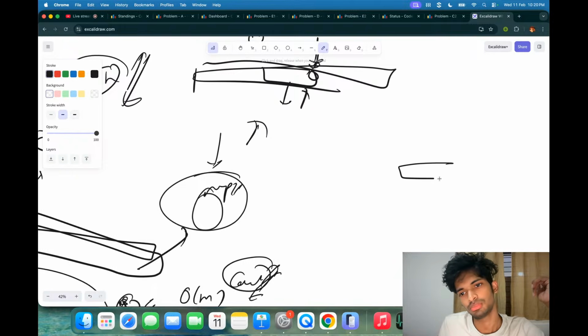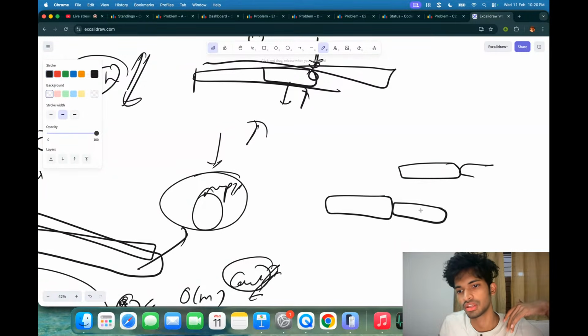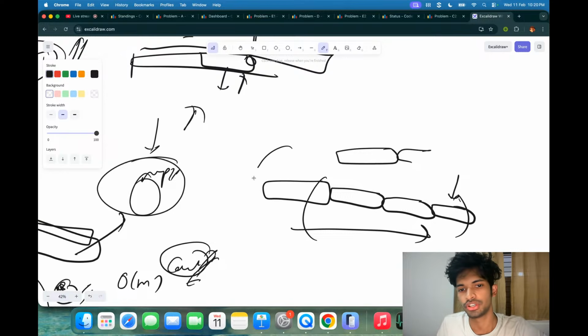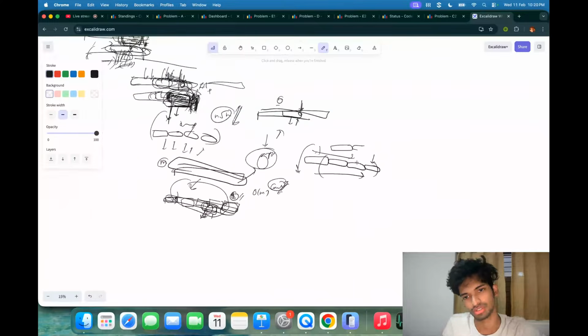And for these blocks, what's the longest chain that fits? Let's define like this. S should fit into some longest chain of blocks.